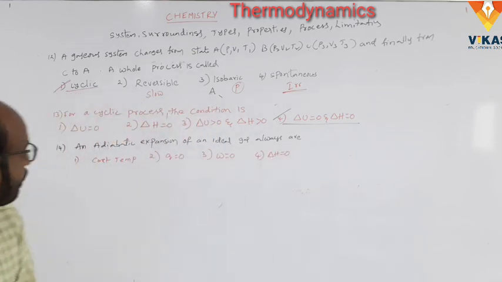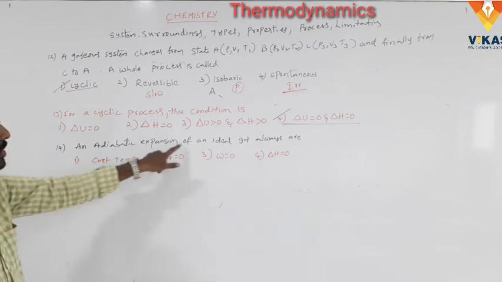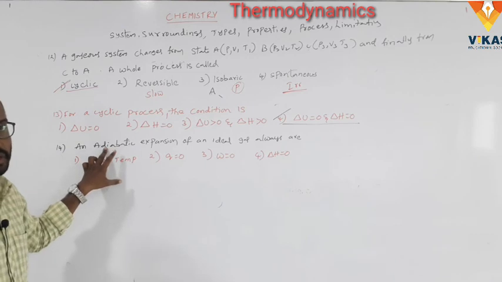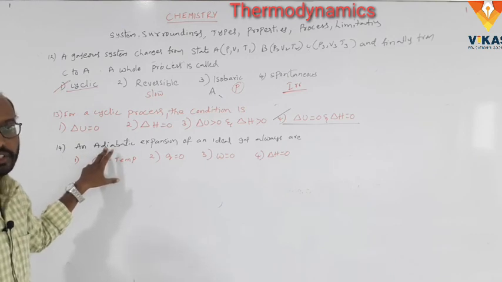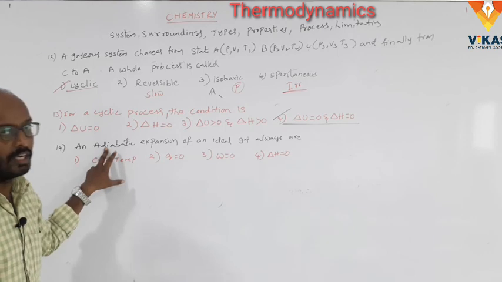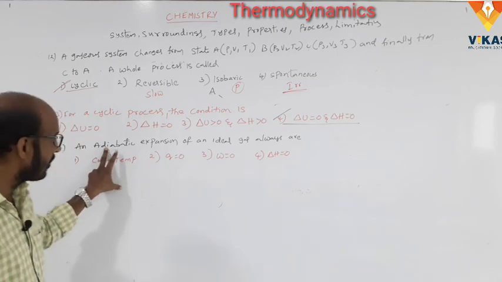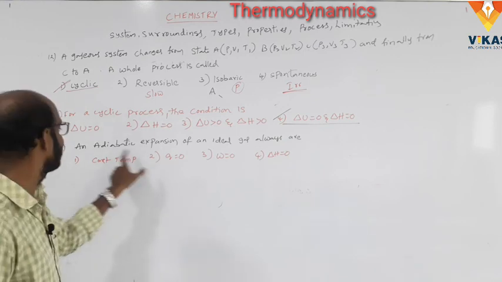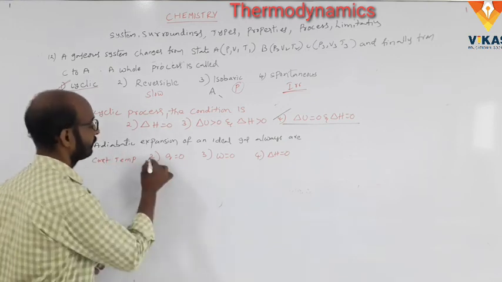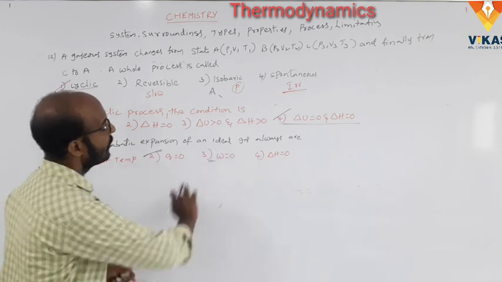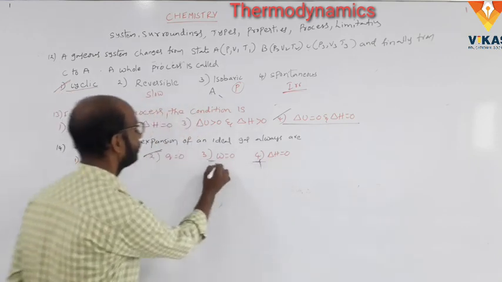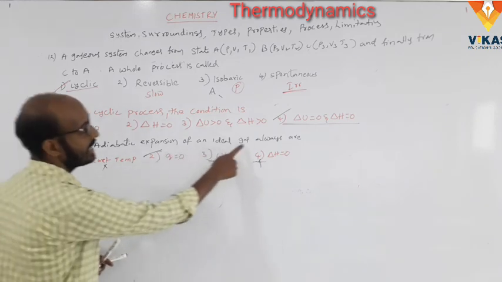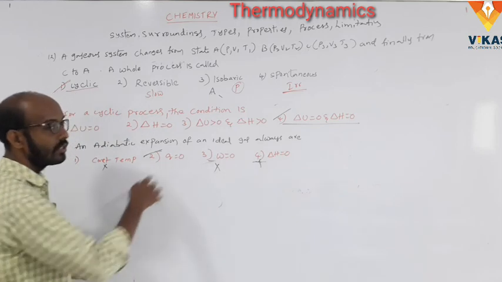Adiabatic means there is no heat flow between system and surroundings. Constant temperature is an isothermal process. Q is equal to 0, that is the adiabatic process. W is equal to 0? No. Delta S is equal to 0? No. The answer is Q is equal to 0.